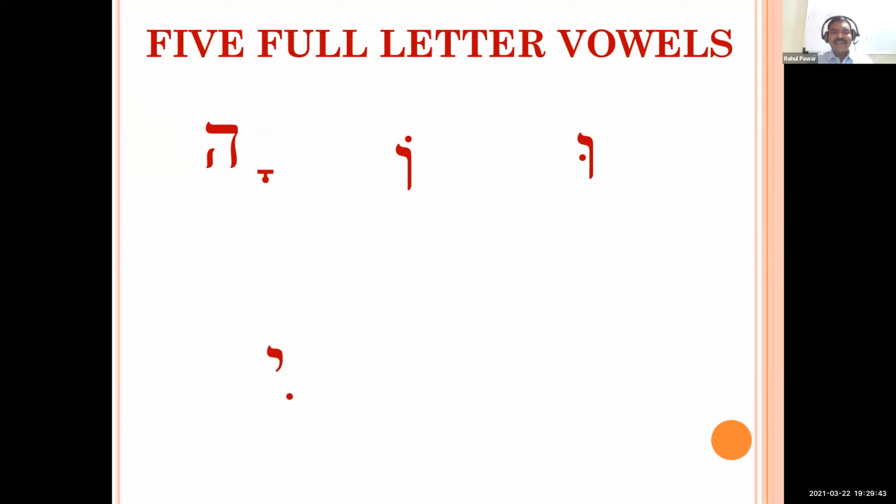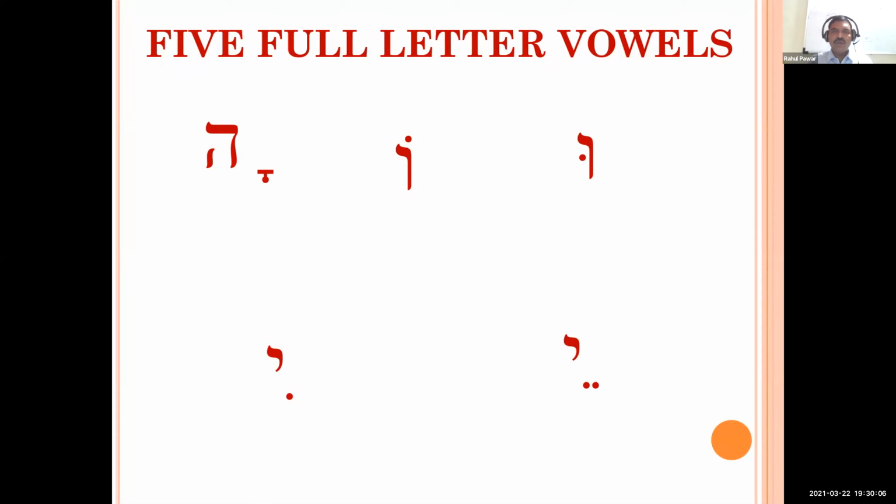Fourth is Hirek Yod. And fifth is Sere Yod. These 5 vowels take the consonant in their formation. So note it down, because in your assignment there is one question: which are the full letter vowels.